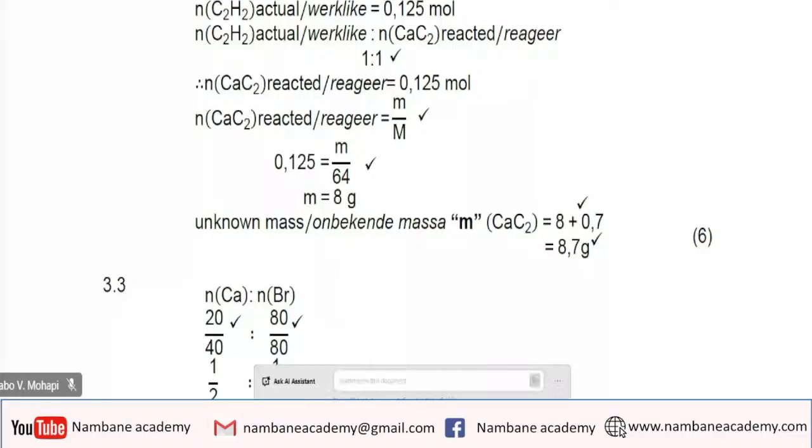Okay, Mr. Motsamai, this is similar to that other question that we answered. I think it was question 5 or something. But now let's answer how we can afford them the marks. The first formula, n equals m over M, has been awarded 1 mark, so we can give them that mark. Because here specifically, I believe they will still be using 64.